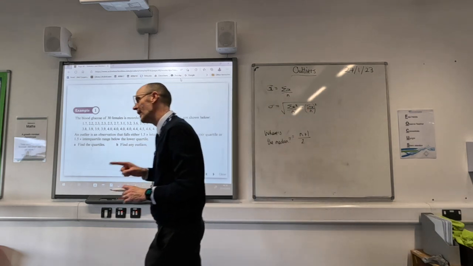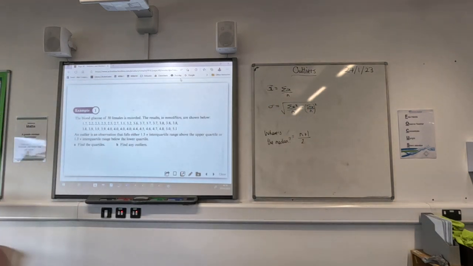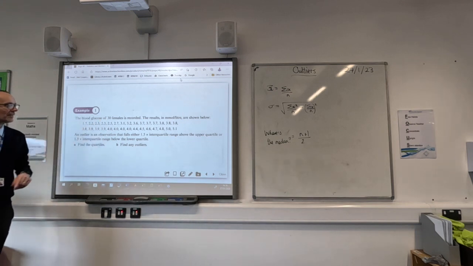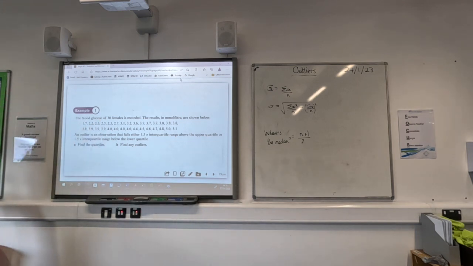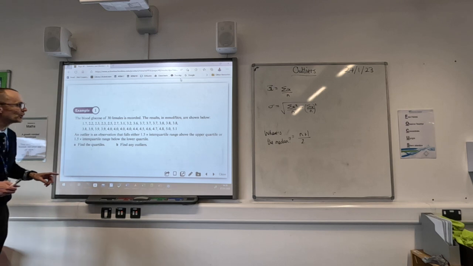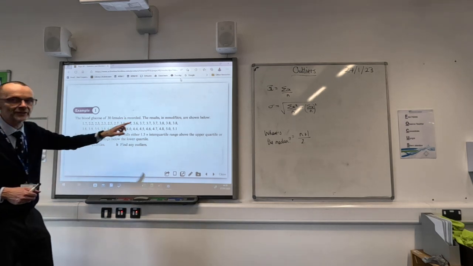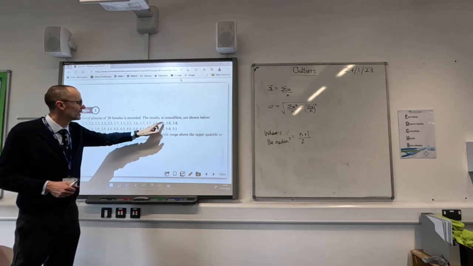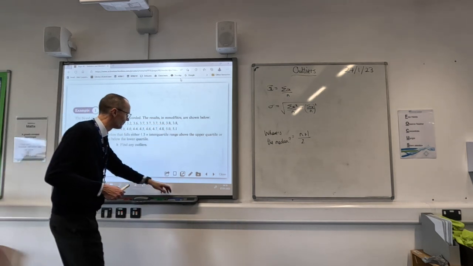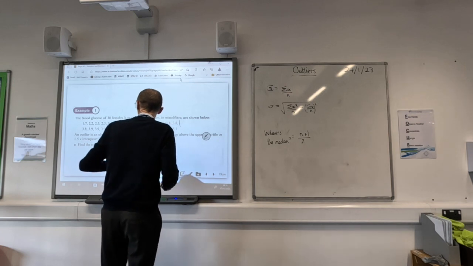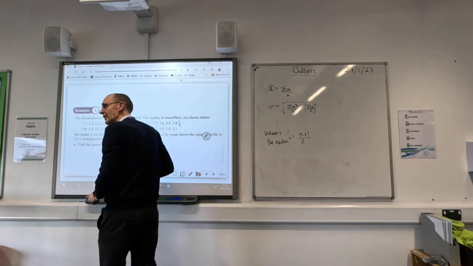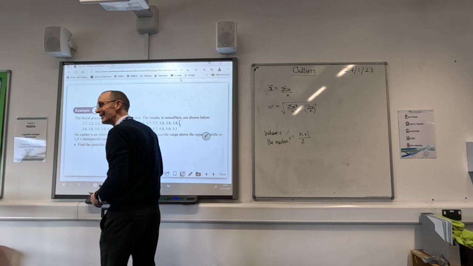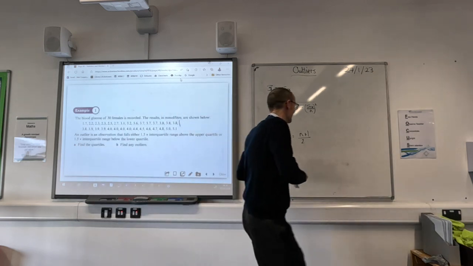If you want to work out where the median is, you say, right, how many values? 30. 30 plus 1, 31, divided by 2, 15.5. So I know the median is between the 15th and the 16th value. It's halfway between 3.8 and 3.8, which is 3.8.